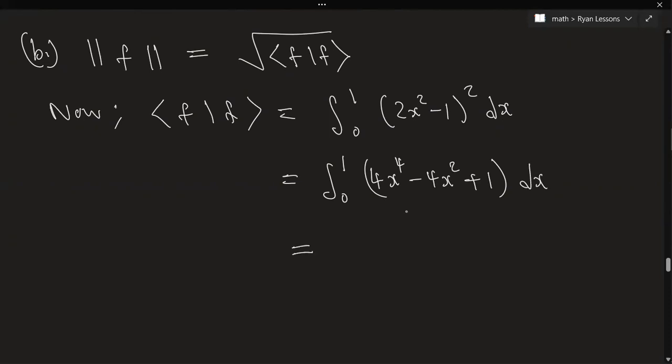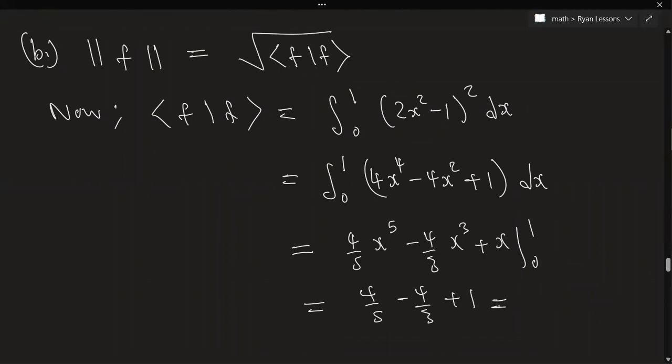So now let's integrate. We get 4/5 x^5, then negative 4/3 x^3, then plus x, all the way from 0 to 1. So 0 vanishes everything. So we have just 4/5 minus 4/3 plus 1. And what is that?